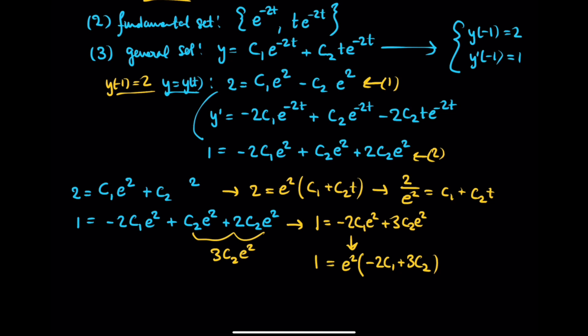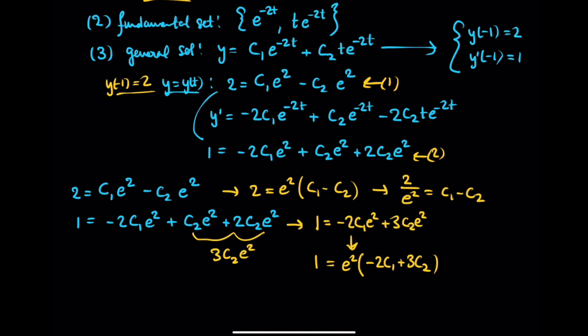Here, let me rewrite that. Minus e to the 2, minus, there you go. And then this would just become minus c2, like that. Okay, I'm just checking, sorry about that.